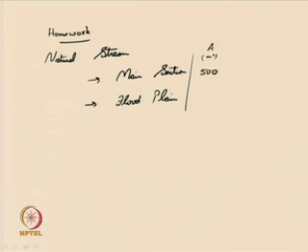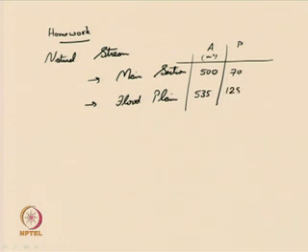Say the main section is having 500 meter square, the floodplain is having 535 meter square. The wetted perimeter, say it is 70 here, 125 here. The Manning's coefficient, say here it is 0.035, 0.040.